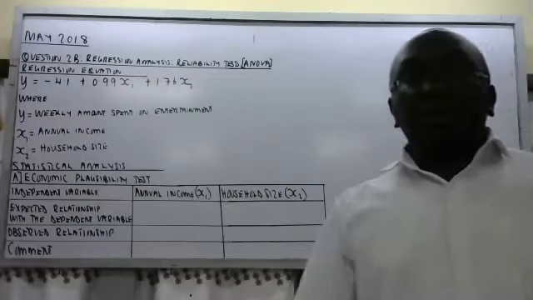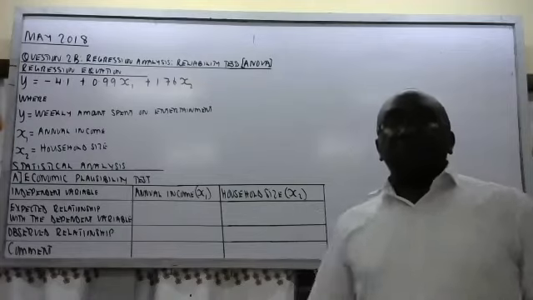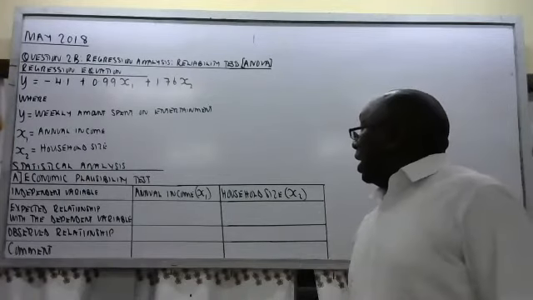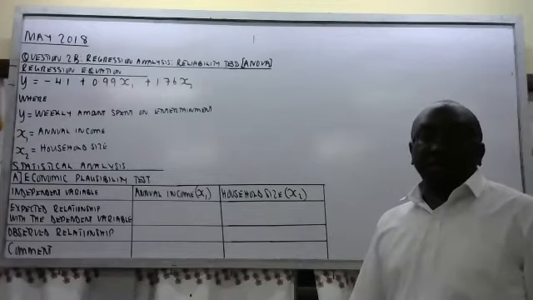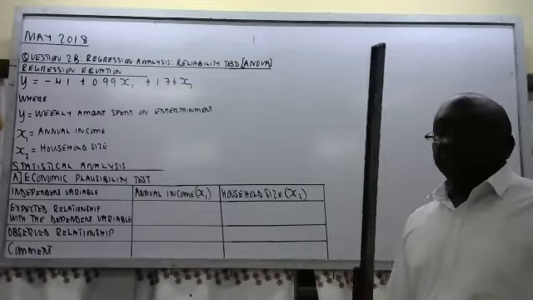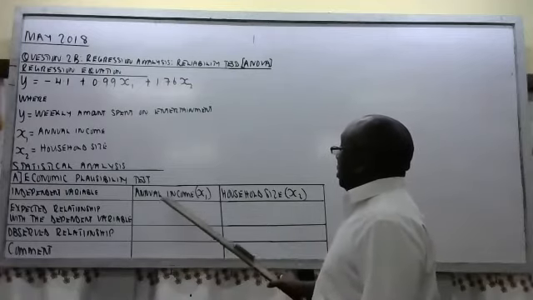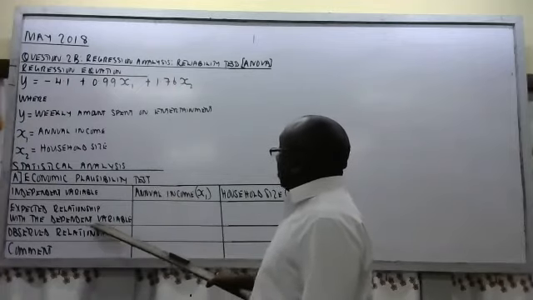I told you we have three types of relationships. We have direct relationship, we have the inverse relationship, and we have the null relationship. So I want you to tell me, what kind of a relationship would you expect to see between annual income and our dependent variable?